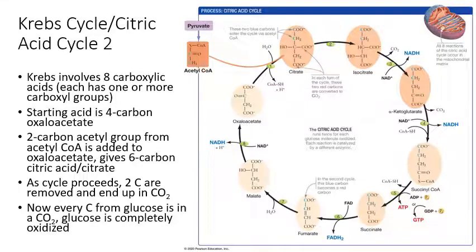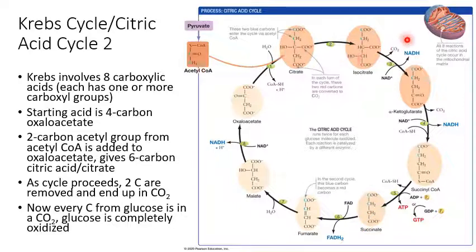So here you have another diagram showing the Krebs cycle. Again, you're going to be starting with oxaloacetate that has 4 carbons in it. You're going to be adding 2 carbons to it that came from the acetyl group on acetyl-CoA to give you citrate. Then CoA will leave as a product. As you proceed through the Krebs cycle, you're going to be removing those carbons from citrate one by one.